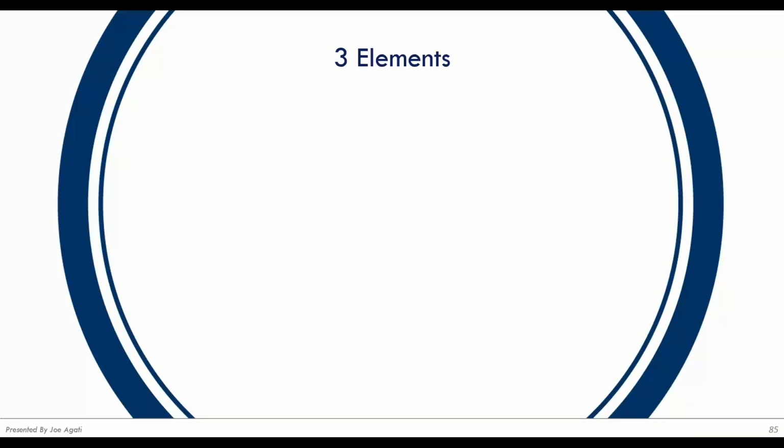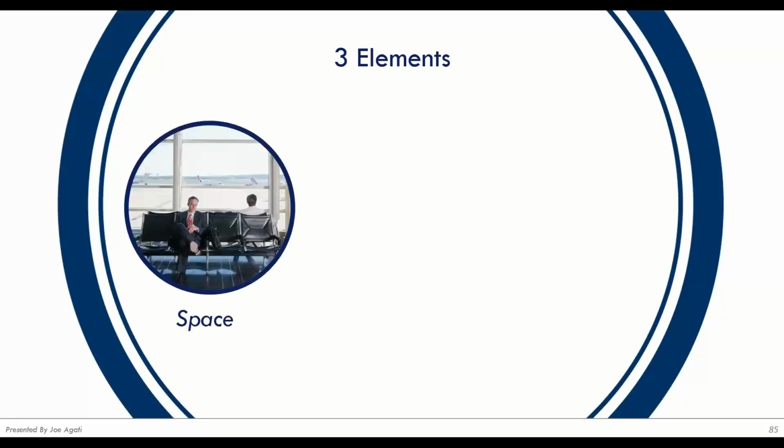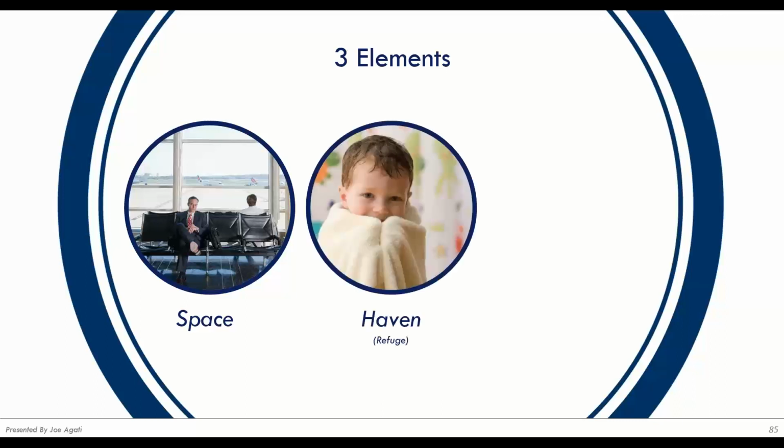So we talked about these three elements today. We talked about space, and like I said, not so much the architectural environment, which is crucial, don't get me wrong, but the space between us, that personal bubble, and how that shrinks and grows depending on environment. But that 12 inches for the public space seems to be that sweet spot. Then the haven or refuge effect, how do we create that warm blanket feeling?